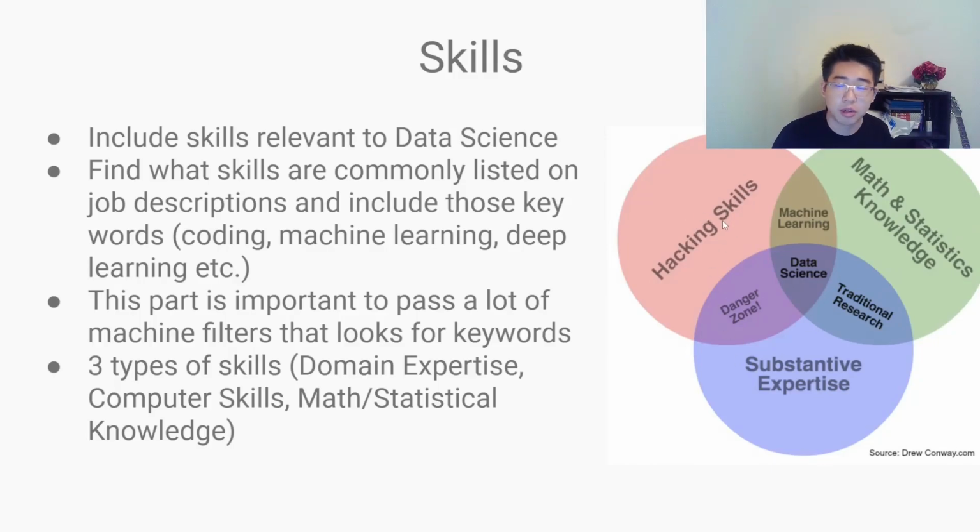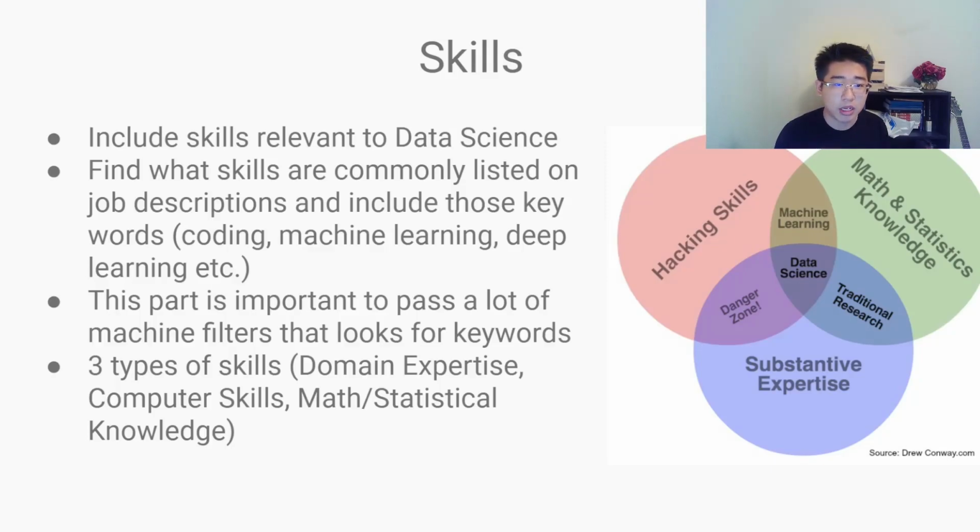You're going to need some programming skills, hacking skills, math and statistical knowledge, and some domain knowledge. If you think about it, these three sections can make up professions on their own already, but all combined they make up data science. So there's a lot of skill sets that you could have in data science.